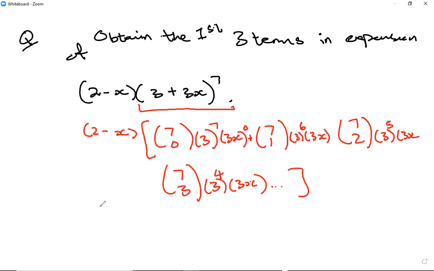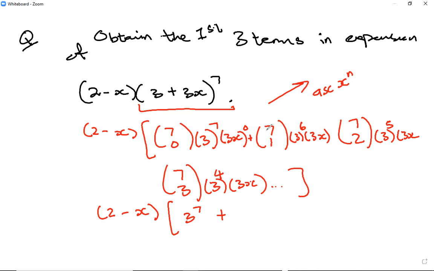I'm now going to simplify this, keeping the 2 minus x on the outside. What you can see is I'm going in ascending powers of x, right? This is ascending powers of x from x to the power of 0. This is going to be 3 to the power of 7, the first term. Then it's 7 times 3 to the power of 6.